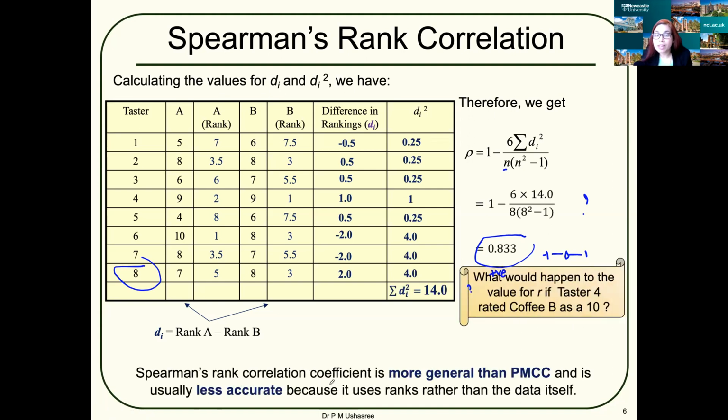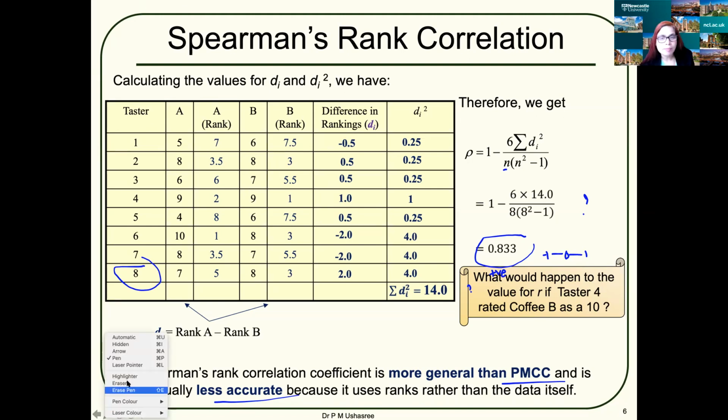Okay, so Spearman's rank correlation coefficient is more general than PMCC and is usually less accurate, because here you're using ranks rather than the data itself to find the correlation coefficient. Okay, so I have a question for you.